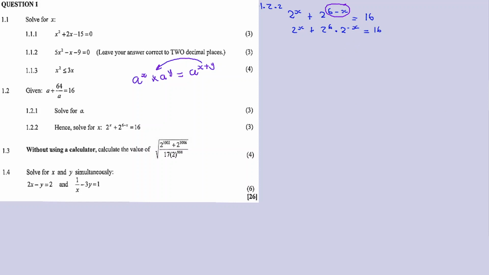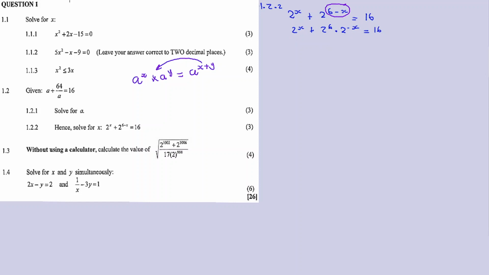So after reversing, 2 raised to x and 2 raised to exponent minus x, it's a common factor. No it's not. This x is positive, this one is negative. So something is not right here. So I realize that these do not have common factors.